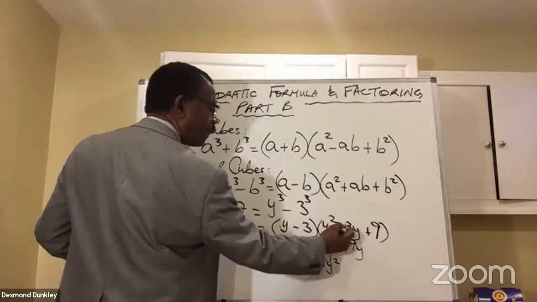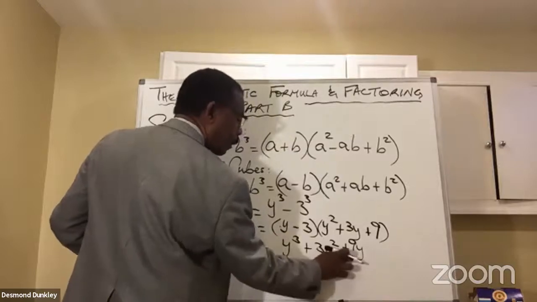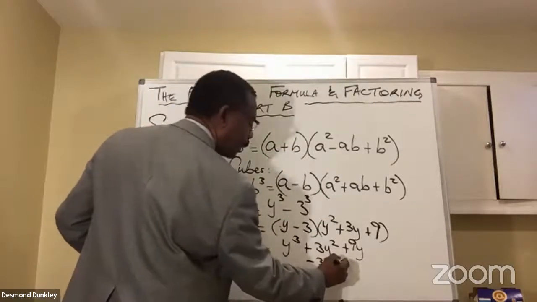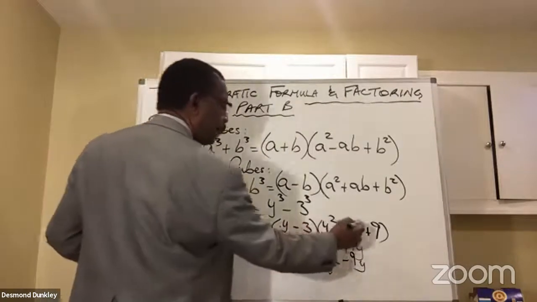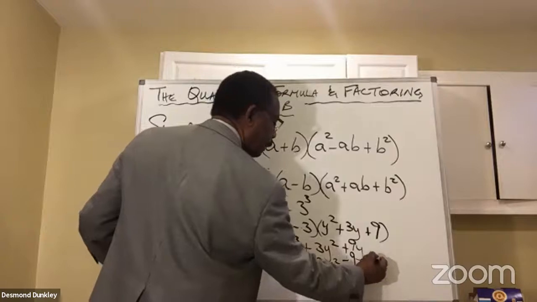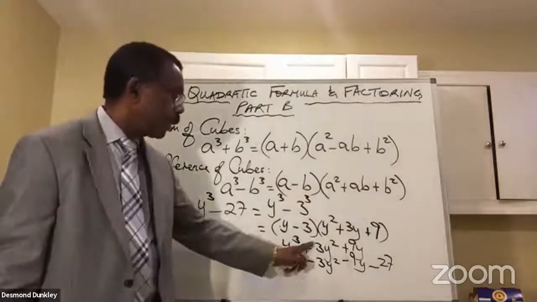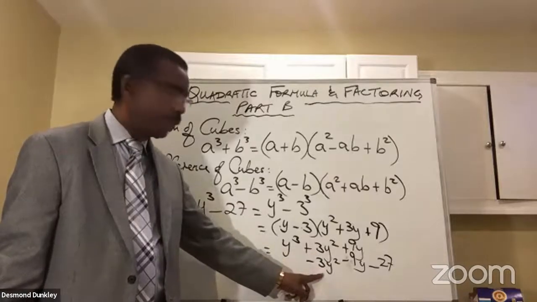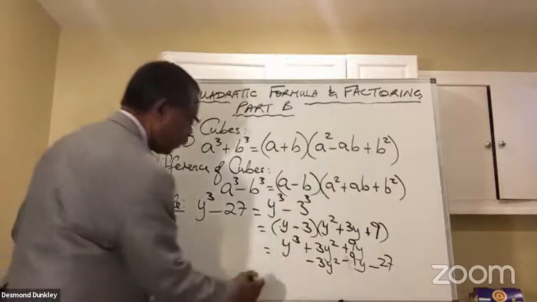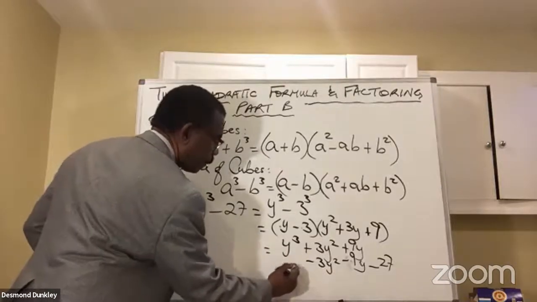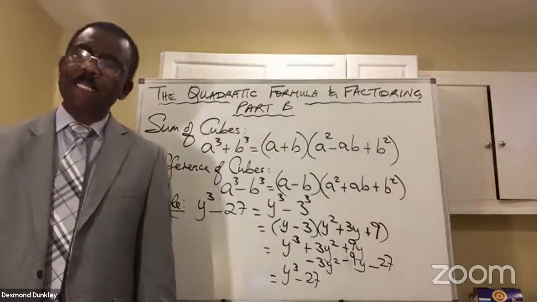Negative 3 times positive 3y, negative, and negative times a positive is negative 9y. Negative 3 times positive 9, negative 27. What do you notice? 3y squared cancels negative 3y squared. 9y cancels negative 9y. So we end up with y cubed minus 27. So it is exactly what I said it would be.